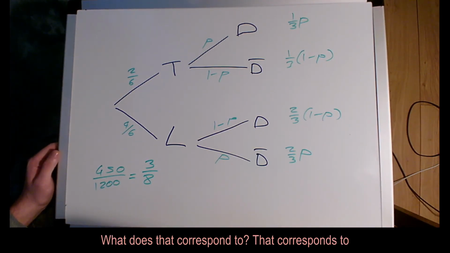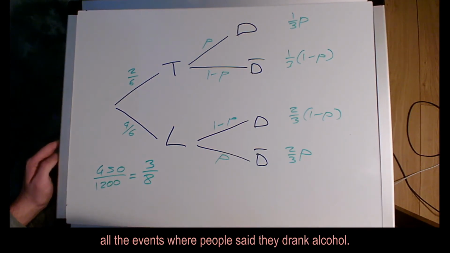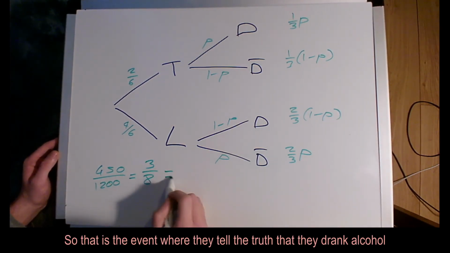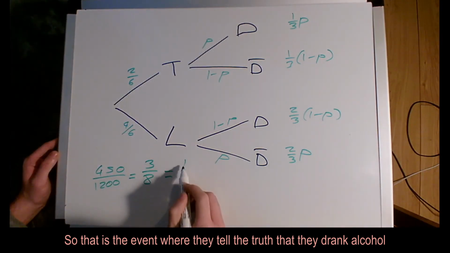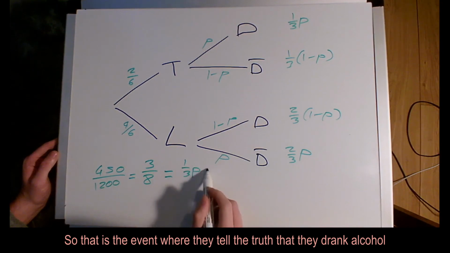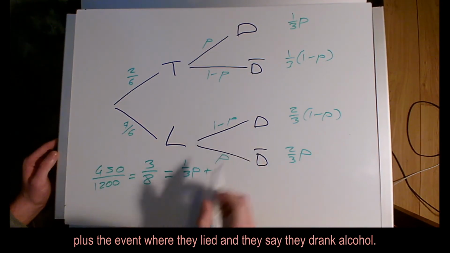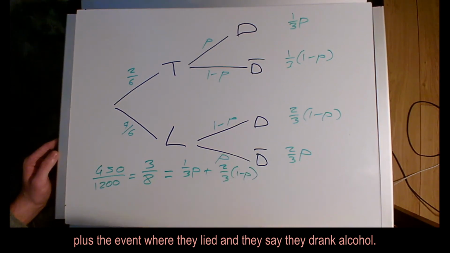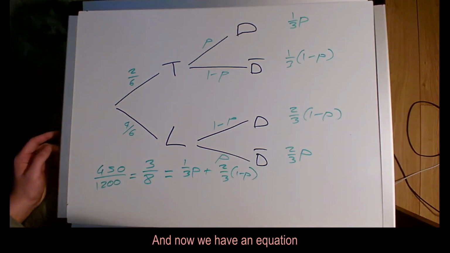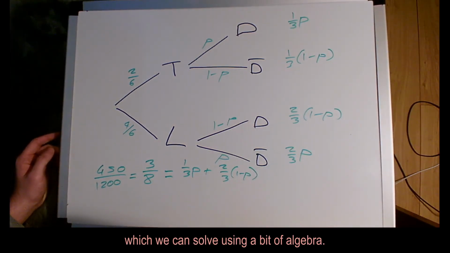That corresponds to all the events where people said they drank alcohol. So that is the event where they tell the truth and they drank alcohol, plus the event where they lied and they say they drank alcohol. And now we have an equation which we can solve using a bit of algebra.